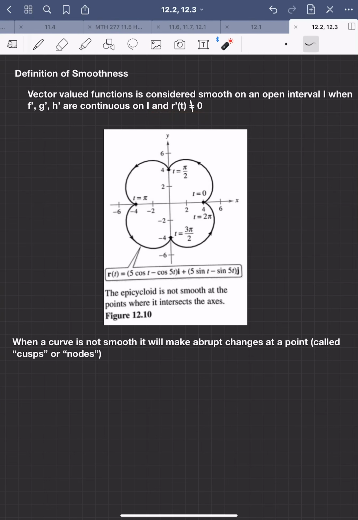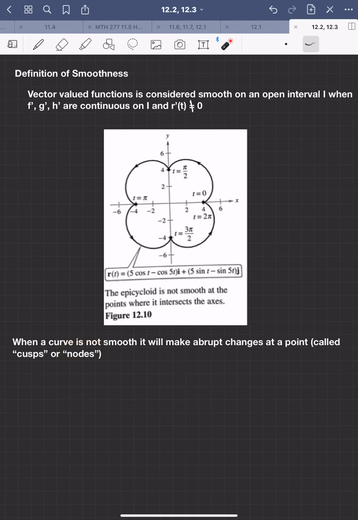So formally, this is what criteria needs to be met in order to say that you have a smooth curve. But intuitively, when a curve is not smooth, it's just going to make some abrupt changes at a point, right? So you can see this abrupt change at a point. And we normally refer to these points where these abrupt changes occur as cusps, or sometimes, for my engineer people, nodes.